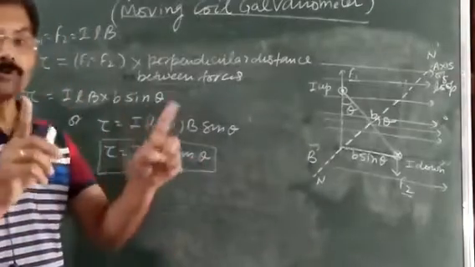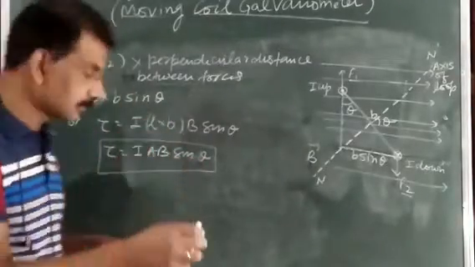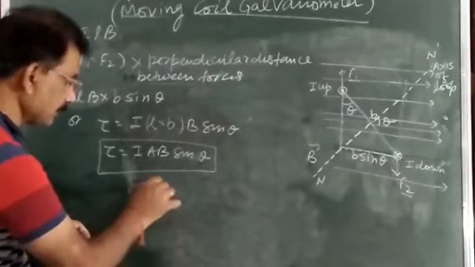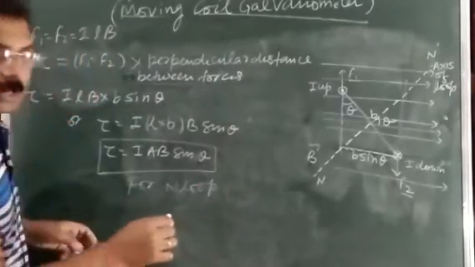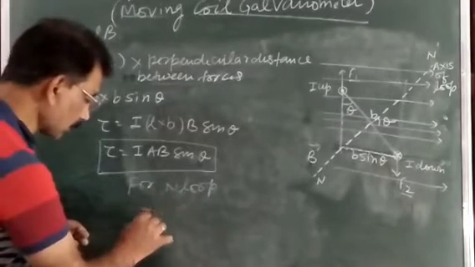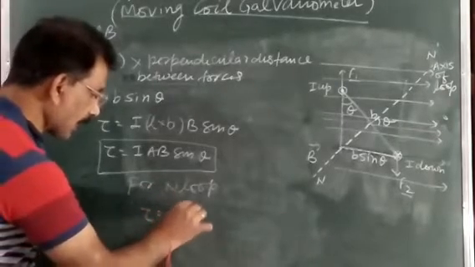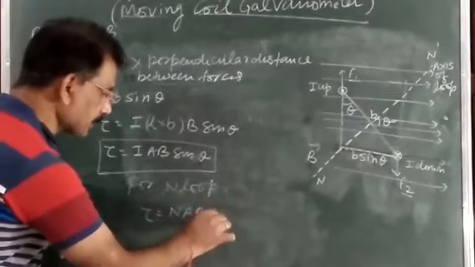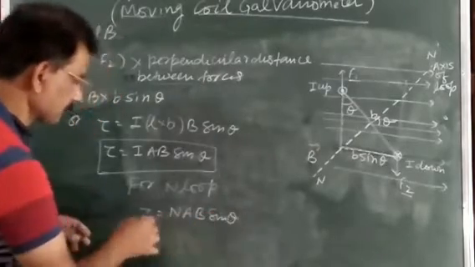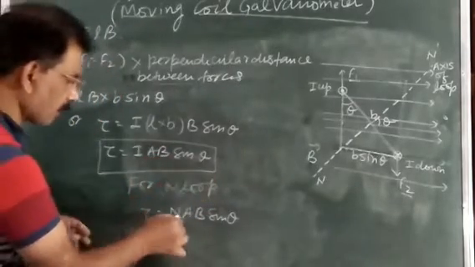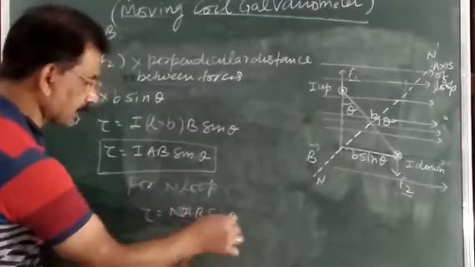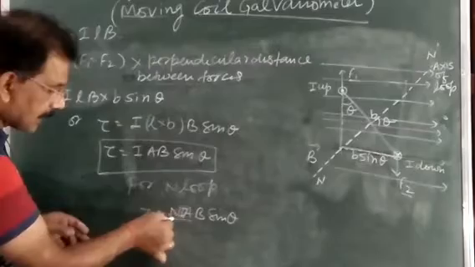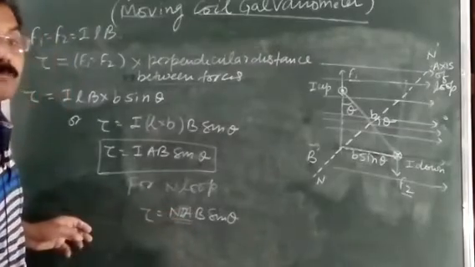And suppose that the coil contains n turns. Then the torque tau is equal to NIAB sine theta. For one loop, IAB sine theta. For n loops, NIAB sine theta. And this NIA is also called the magnetic moment.